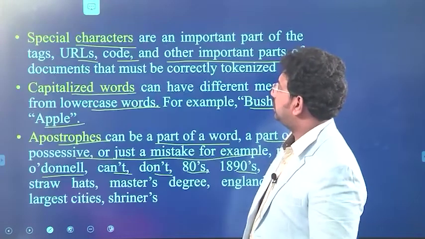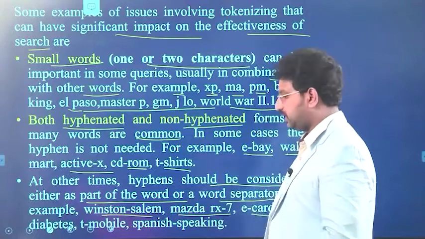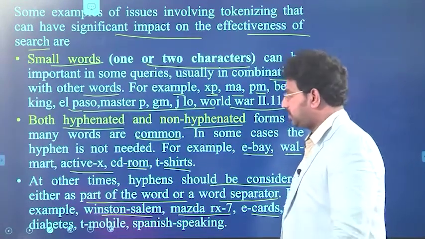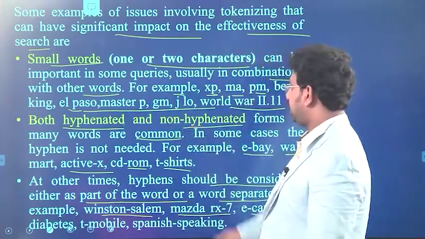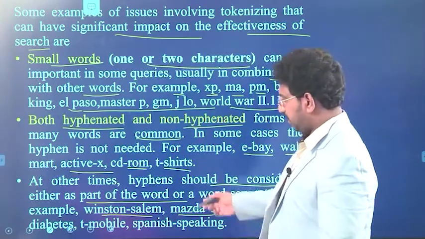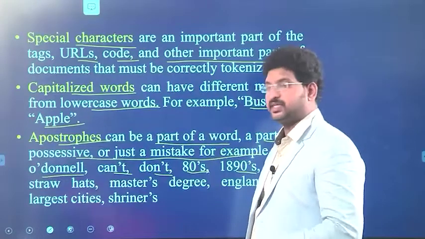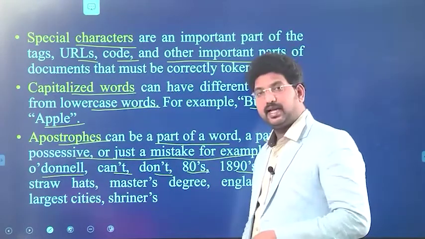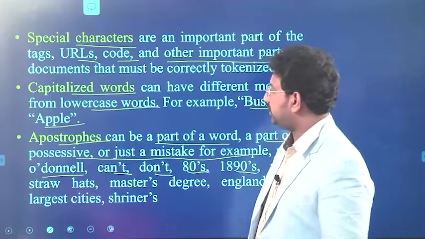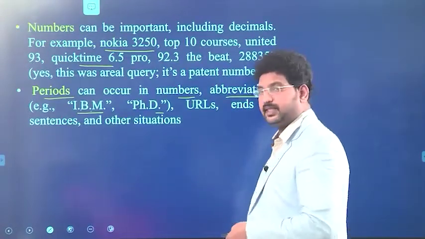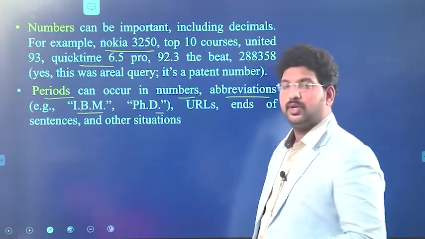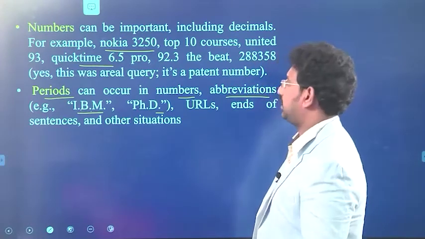So these are all the different issues whenever tokenization happens on text. Small words, hyphenated and non-hyphenated words, special characters, capitalized words or case sensitivity, apostrophes, numbers, and also periods. These are all the different issues we come across as part of tokenization.